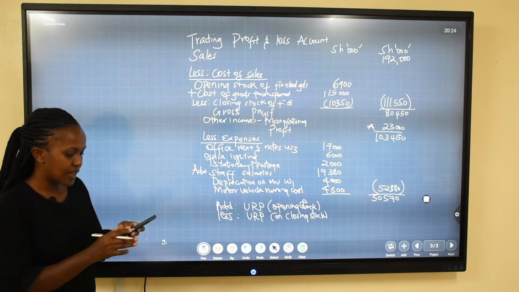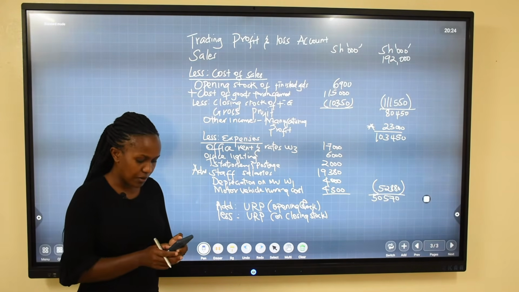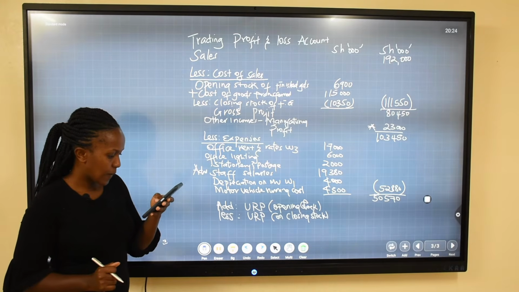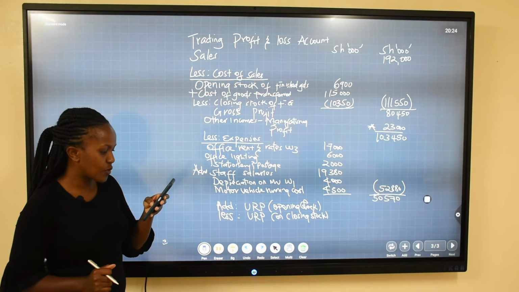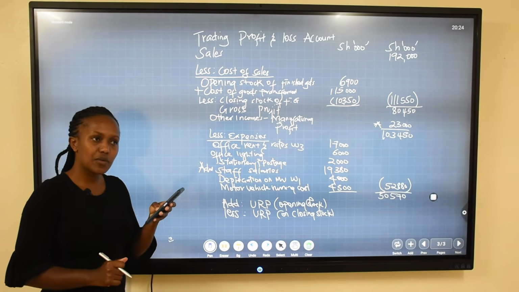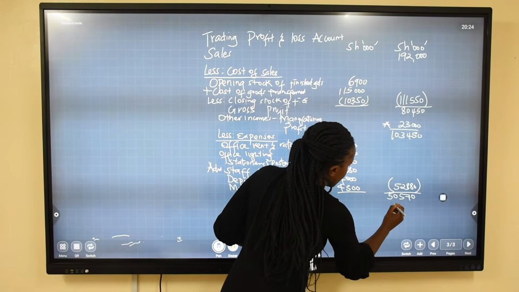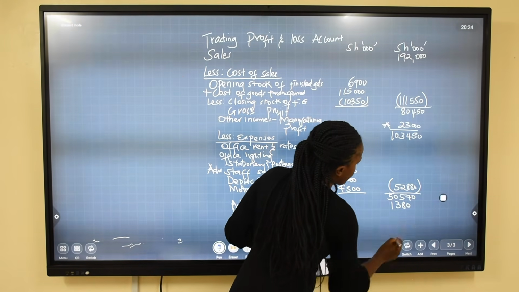It had been given there as 1380. Yes, the URP on opening stock, provision for unrealized profit as at 1st January 2021. That is the one we are saying had been given as 1380, so we are adding.